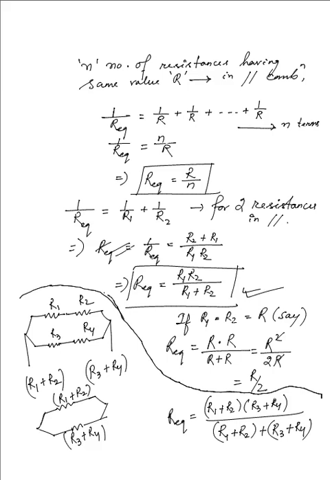Now we move over to the combination of cells. We had studied about cells in the previous video, and we can just combine them and see what's in store for us in that case.